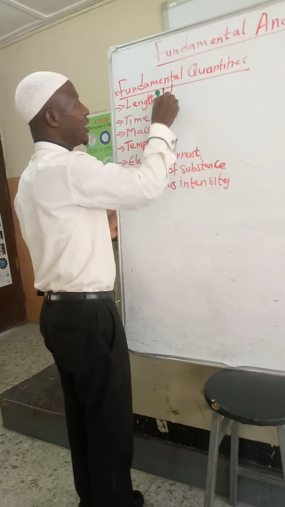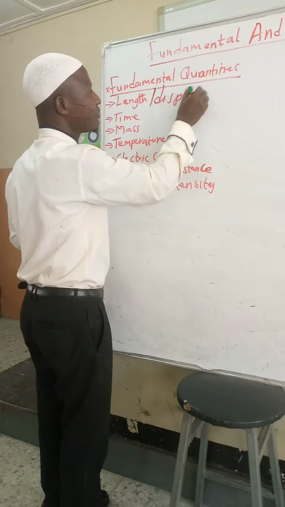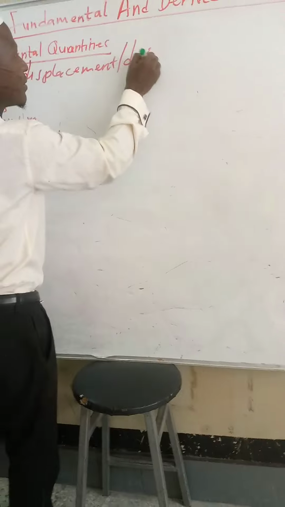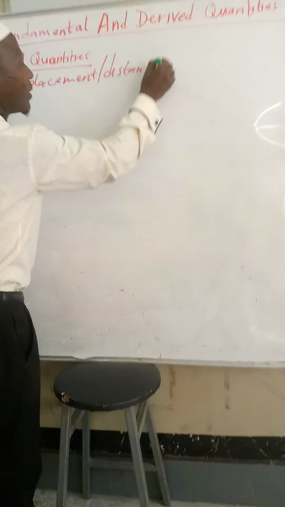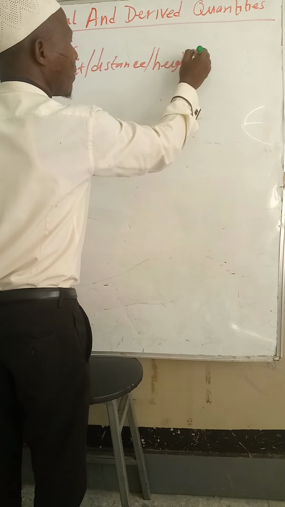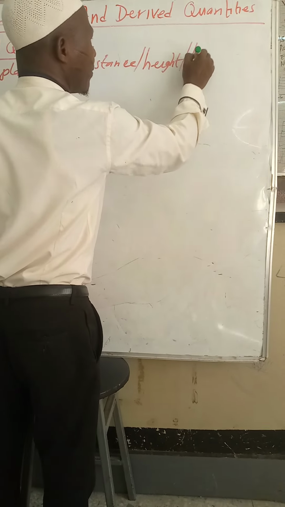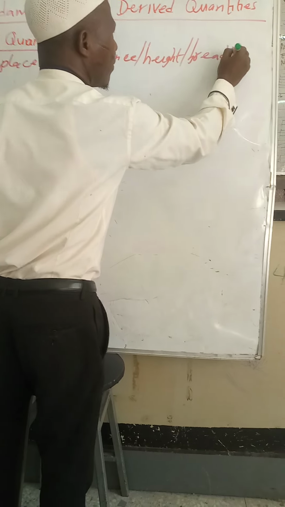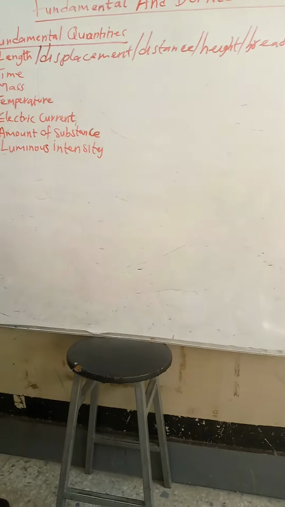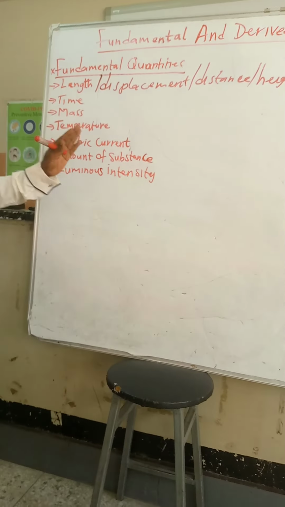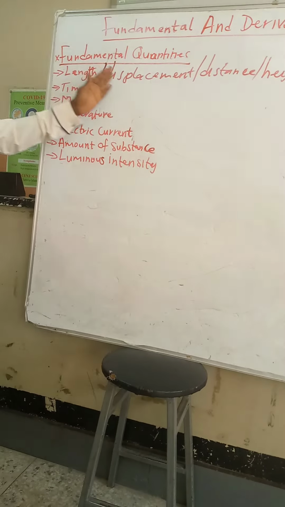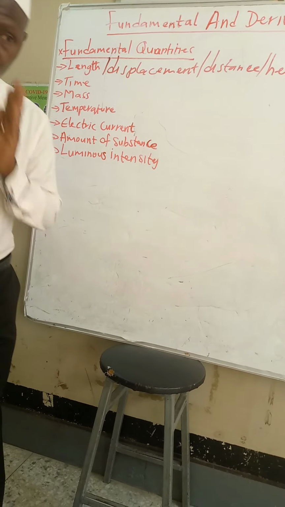We have displacement, we have distance, we have height, then we have breadth. So all of them, 1, 2, 3, 4, 5, have the same unit, which is meter, and the same dimension, which is L. And those units that I mentioned are just the SI units for them.